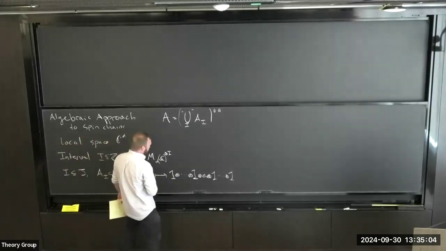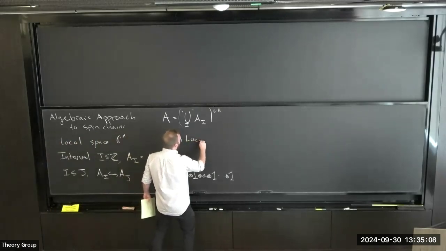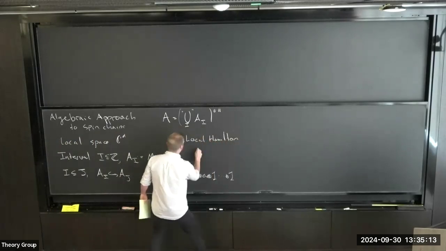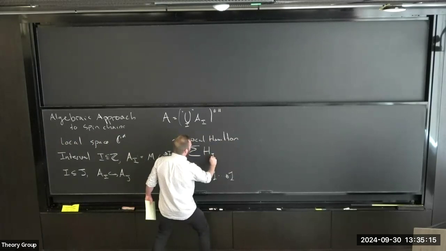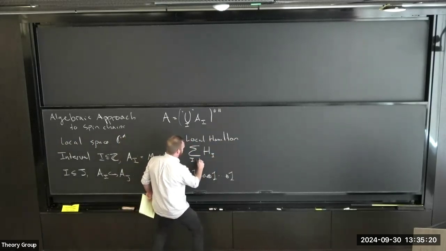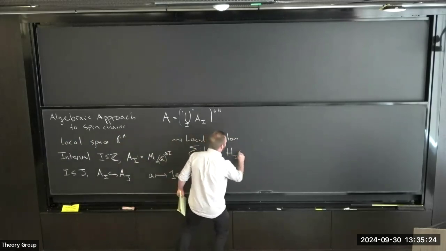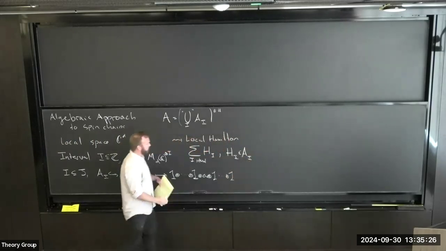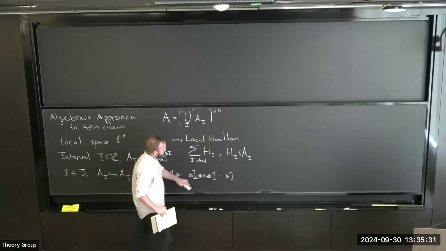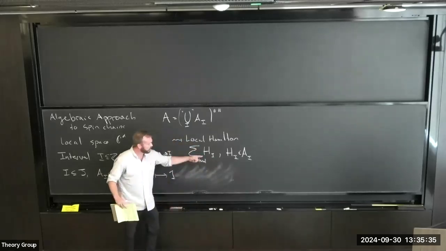Okay, and the thing that I actually want to talk about today are local Hamiltonians. So what is a local Hamiltonian? It's basically a big sum of these H_I's over all intervals I. And the point is that this H_I should be an element of the A sub I, so it's localized in this little interval. And the key point is that for sufficiently large intervals, these H_I's are going to be zero.